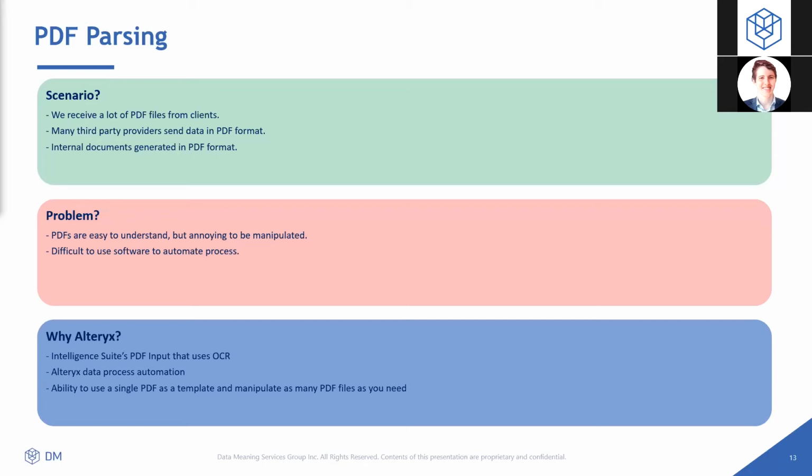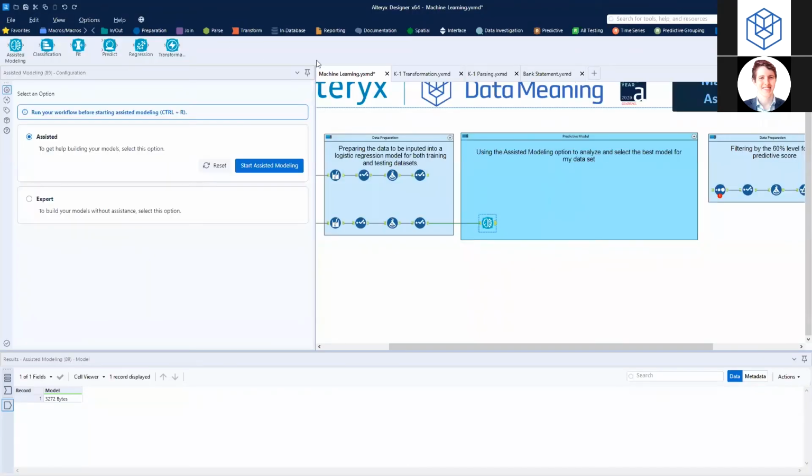Then with Alteryx, we have the ability of automating the process. Then with this, we can just use a single PDF as a template and manipulate as many PDFs as we need. So like 1, 2, 5, 10, 1,000 PDFs, as many as you need. It's going to make a lot more sense whenever we dive deeper into what we have here.